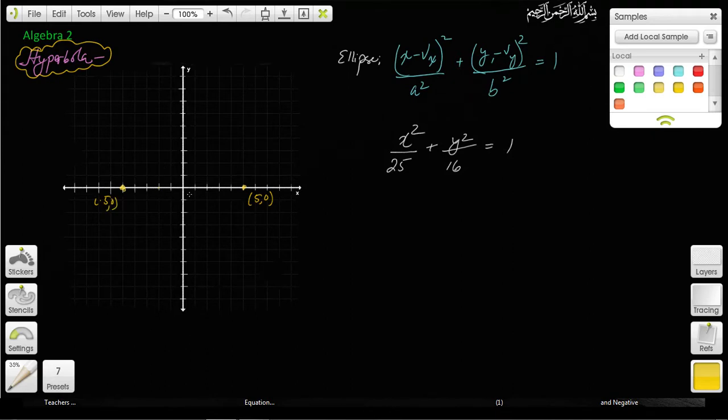Then the co-vertices would be the square root of this, so plus or minus 4: x is 0, y is positive 4, and x is 0, y is negative 4. I should label some of these points: that's 2, that's 4, negative 2, negative 4.